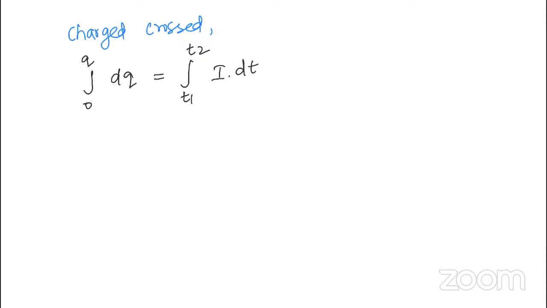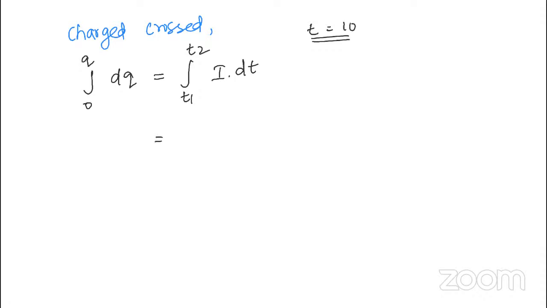We have already seen the formula. Now we have to substitute the values. Here they have given the t value, that is 10 seconds. T1 to T2 is 10 seconds.